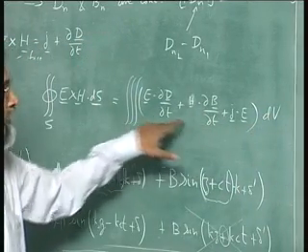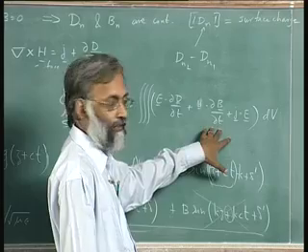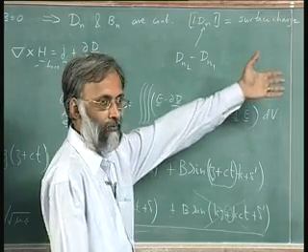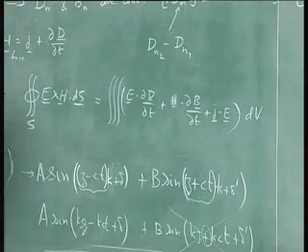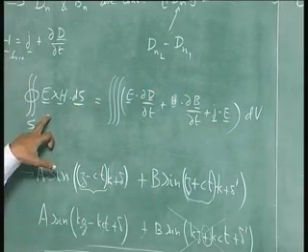These two terms are essentially steady state. If I average over one time period, nothing is happening. J dot E is 0, perfect conductor. So this right hand side is 0, which means the left hand side also has to be 0.